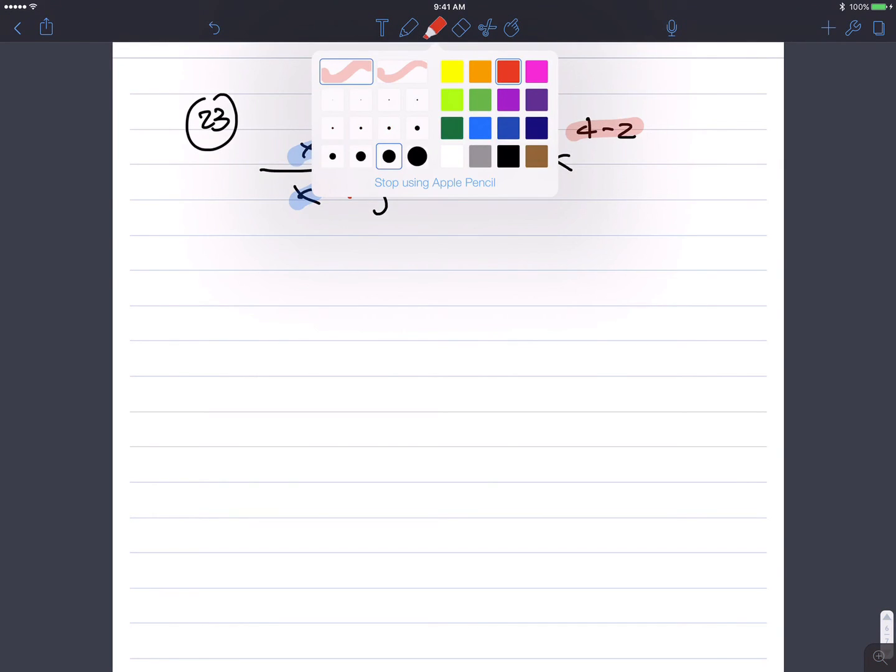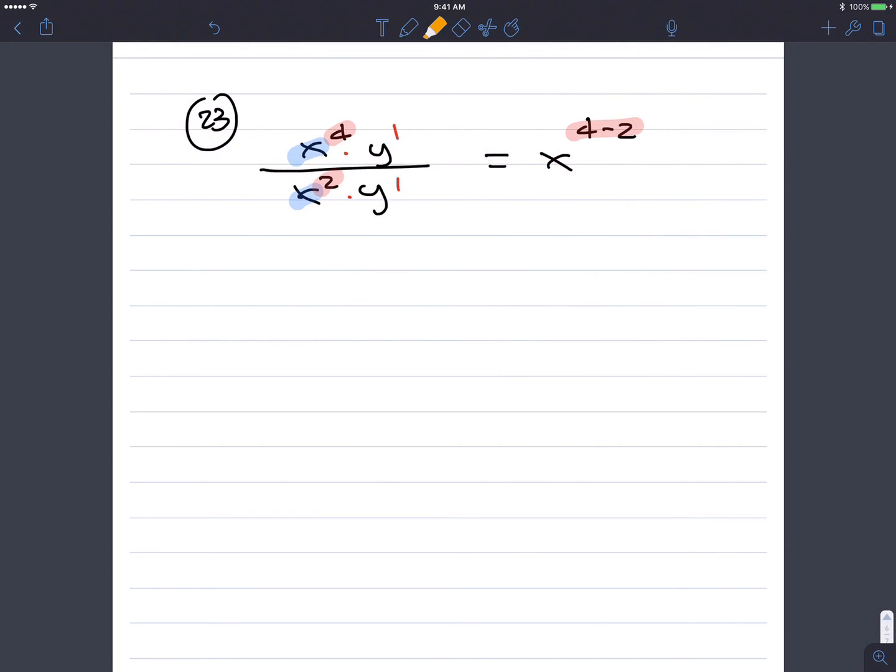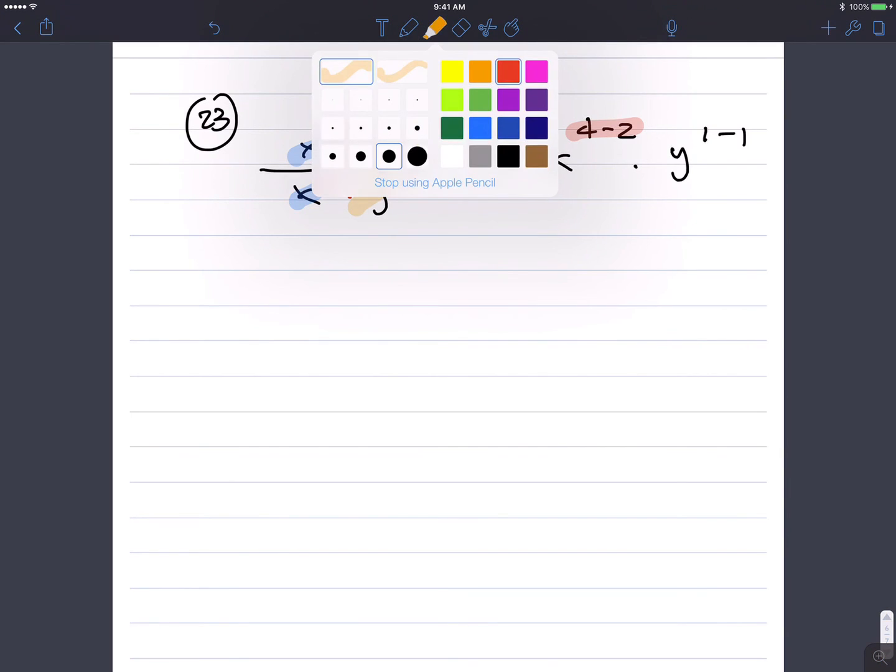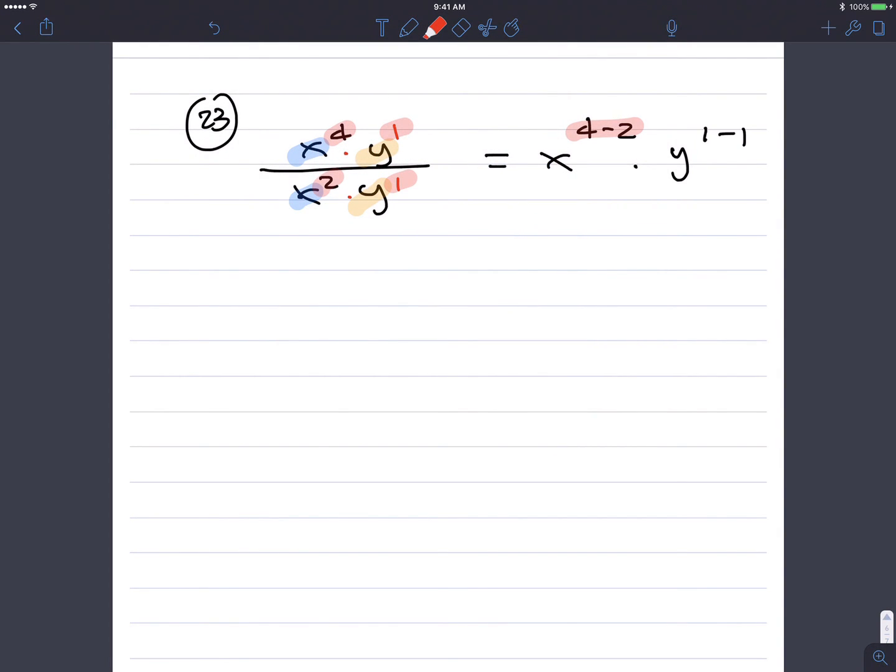And don't forget, we have y and y here. So this is going to be y to the 1 minus 1 for the same reason, we subtract the powers. When we do the arithmetic, we get x to the second power times y to the 0 power.